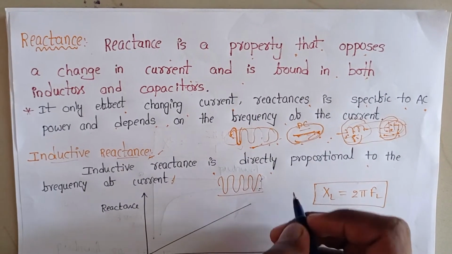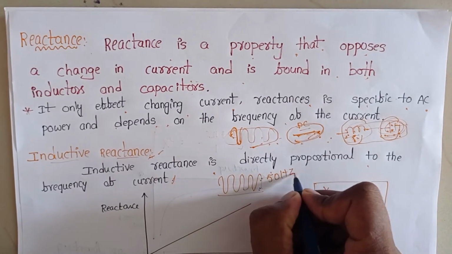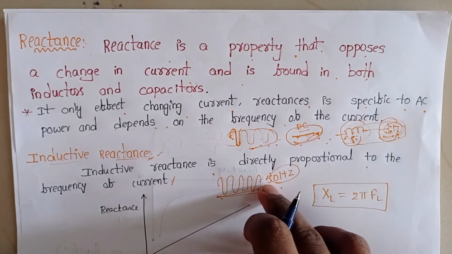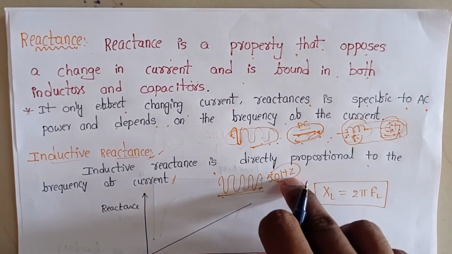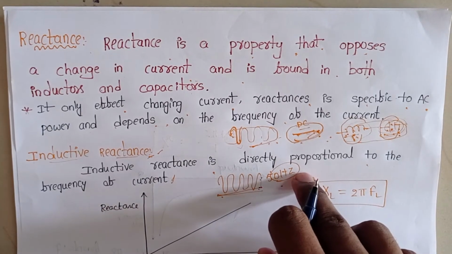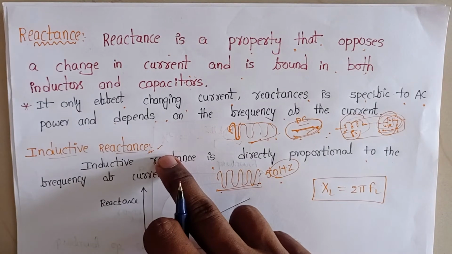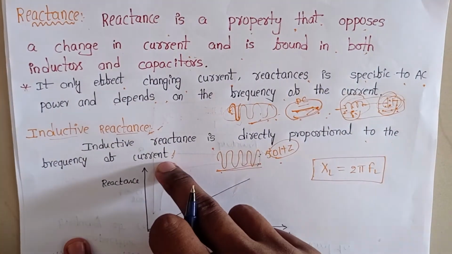According to Indian standards, AC current has 50 Hz frequency. This 50 Hz frequency is directly proportional to the reactance in the case of inductive reactance.